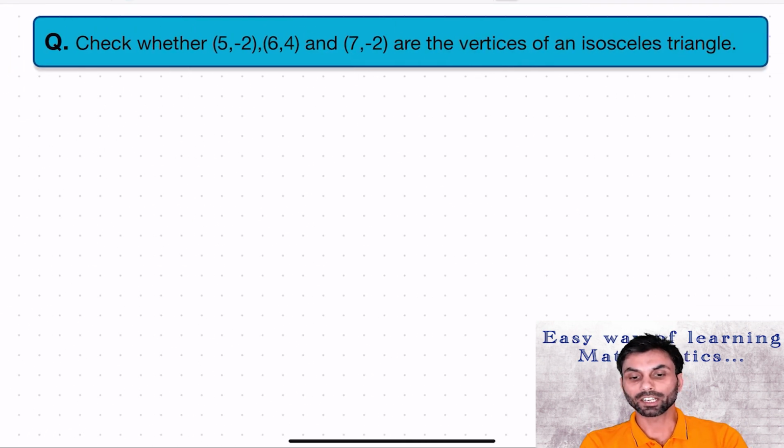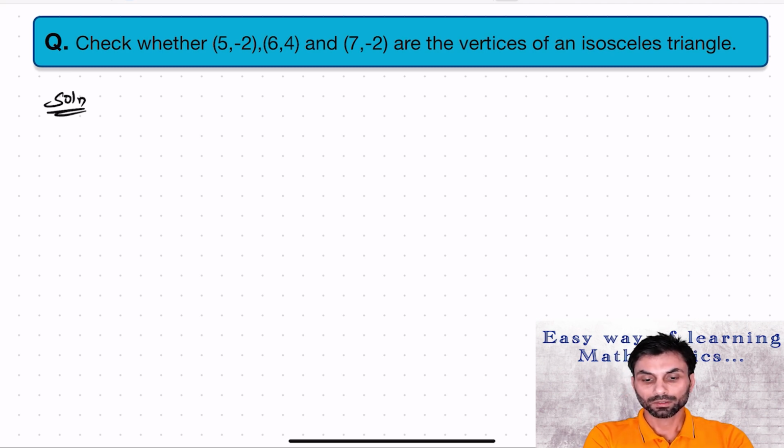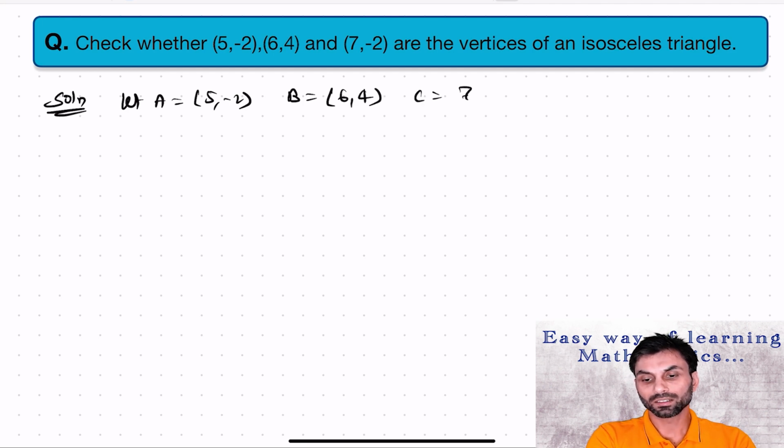Next question is, check whether (5, -2), (6, 4) and (7, -2) are vertices of an isosceles triangle or not. If you have to find out what type of triangle it is, we are going to take the points as A, B, C and find the distance between each two points. Let A equal (5, -2), B is (6, 4) and C is (7, -2).